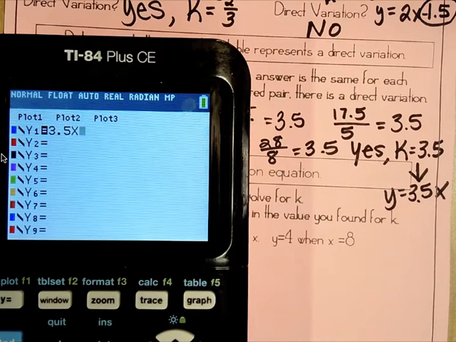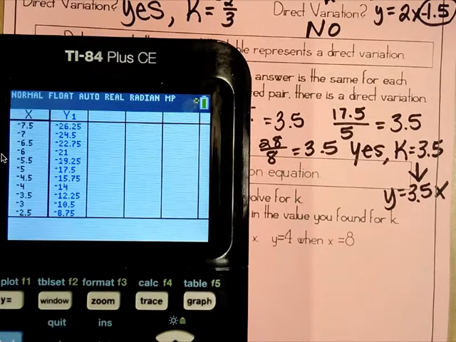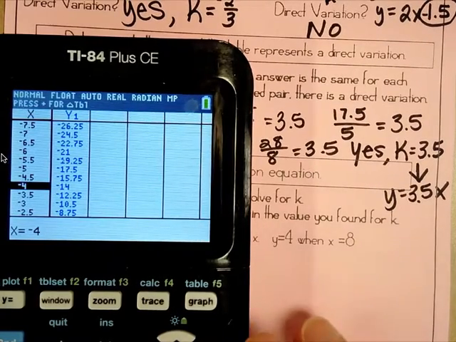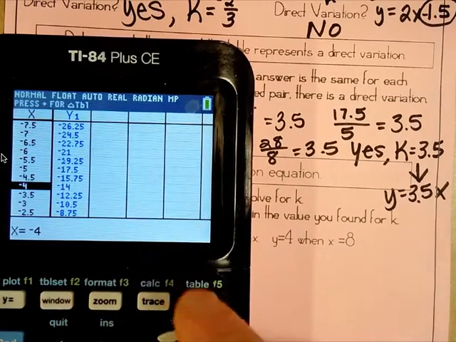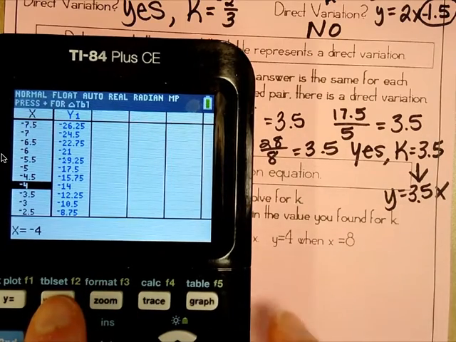To make sure this matches the table, how do we get to the table? Second graph, okay? Oh, I don't like where this starts, so what we need to do is change the table set.